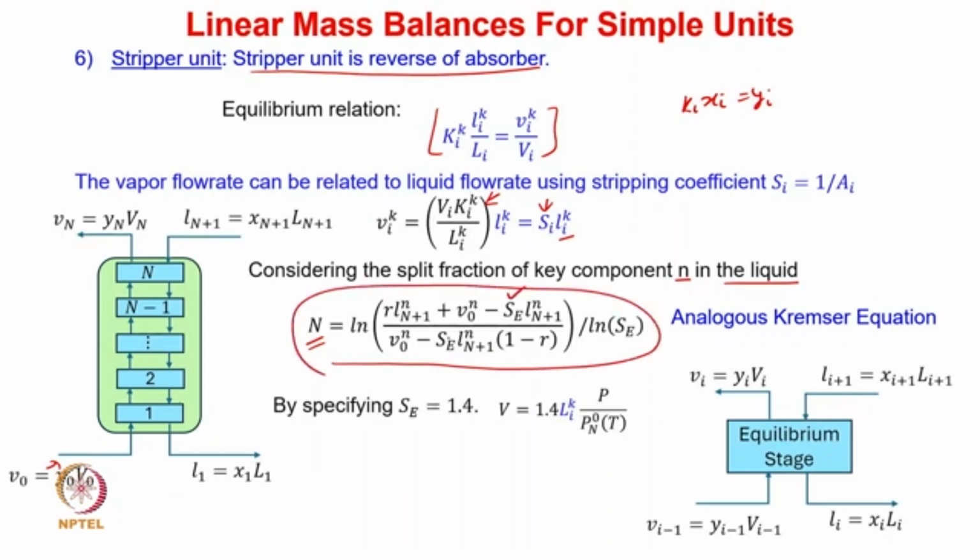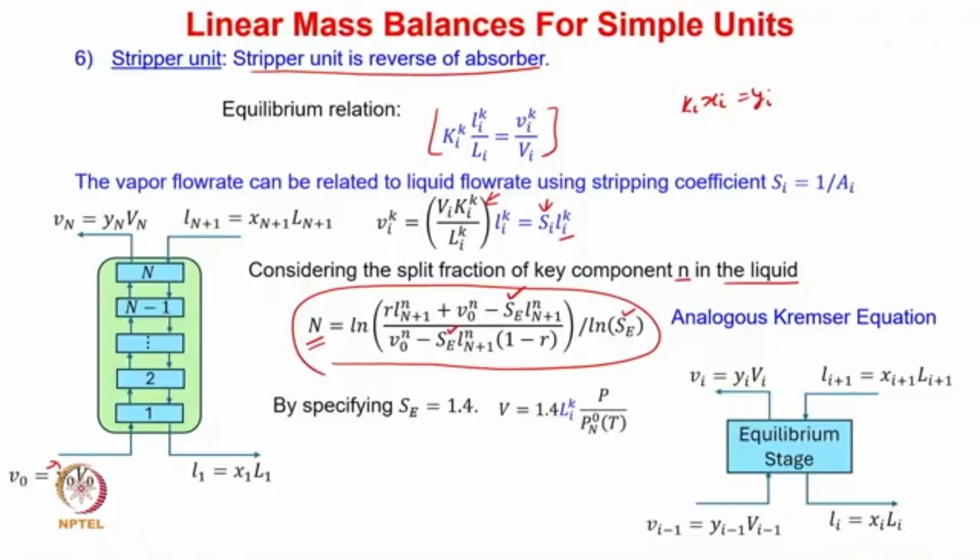Remember, here the stripping factors are used. In terms of stripping factor, this is what we have obtained, where capital N here represents the minimum number of stages required in the stripping unit to have a desired splitting ratio of R.